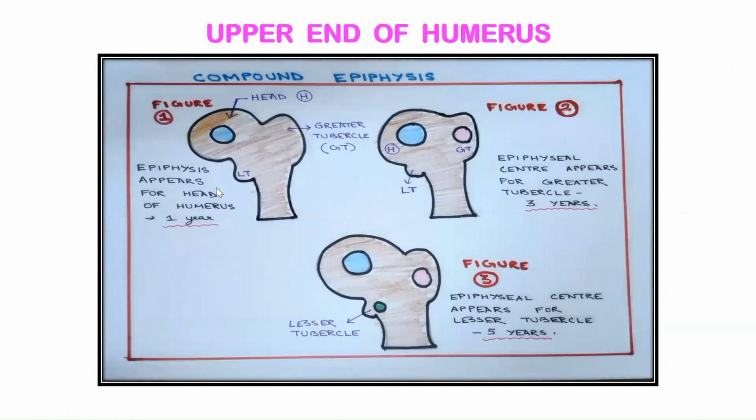Now, the epiphysis for the head of the humerus appears at 1 year, shown by this blue color. Next, at 3 years, the epiphyseal center for the greater tubercle appears. Then at 5 years, the epiphyseal center for the lesser tubercle appears.